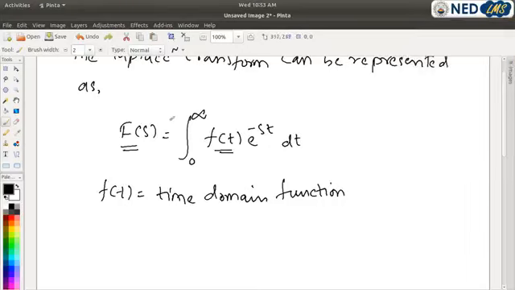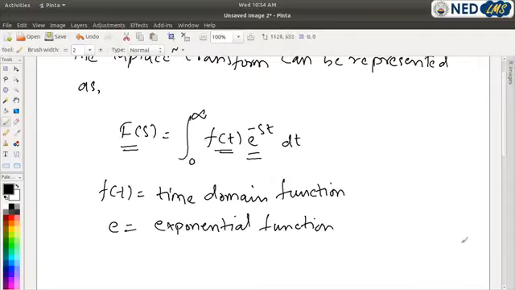This e represents the exponential function. You might be familiar with it, in case any of you don't know, this s represents sigma plus j omega, which is also known as the complex frequency.